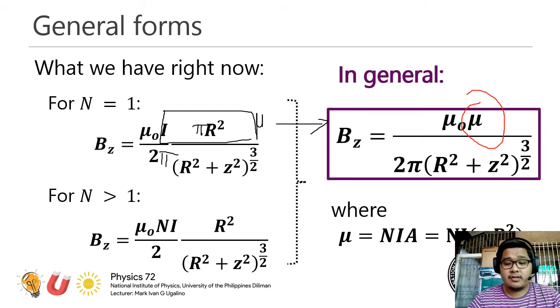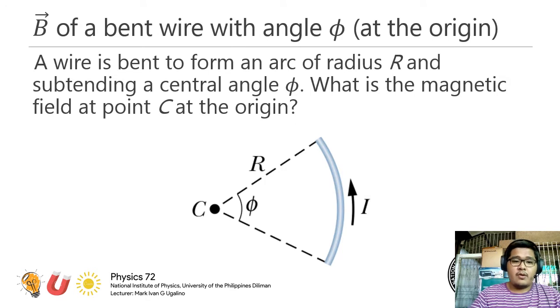So this is just some sort of generalization for current loops. Now, of course, we are not only interested in the expression for the magnetic field of a circular loop. There are also cases when we have to identify the magnetic field due to a bent wire, which you will see later on.